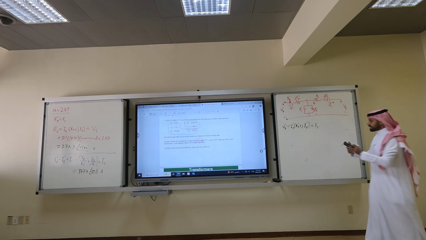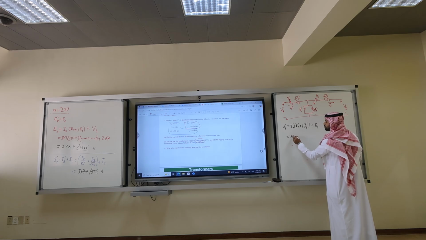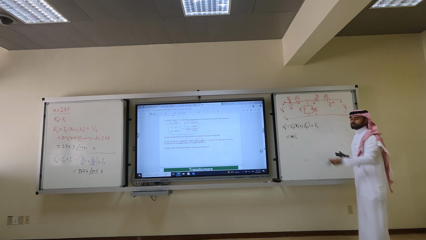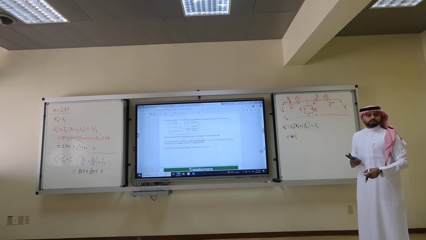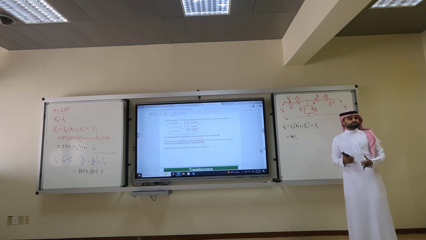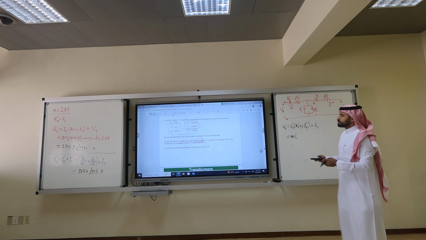A smart student has this as the answer, so I'm going to write it as answer times, this is my answer, I just found it. Correct? Yes, right. Do not retype the numbers. This will take time from the exam.